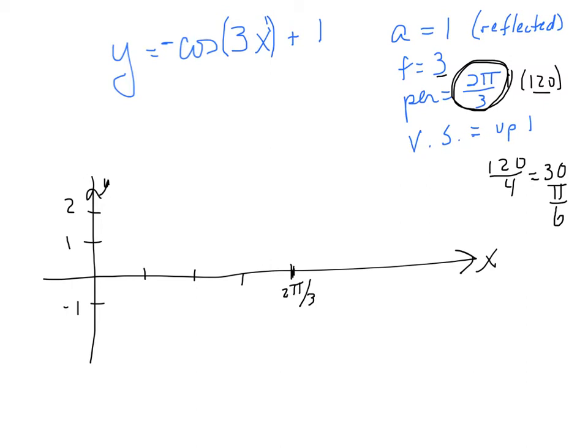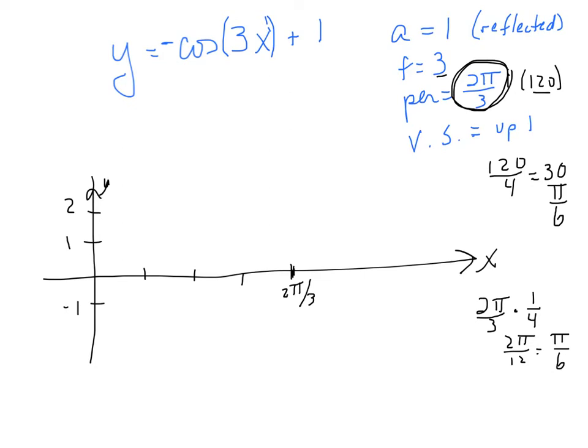The other way to do it is to say I have 2 pi over 3 and I want 1/4 of that for my first quadrant marker, because this is where it ends and I need to divide it into 4. So if I multiply this by 1/4, what I will end up with is 2 pi over 12, which will simplify to pi over 6.